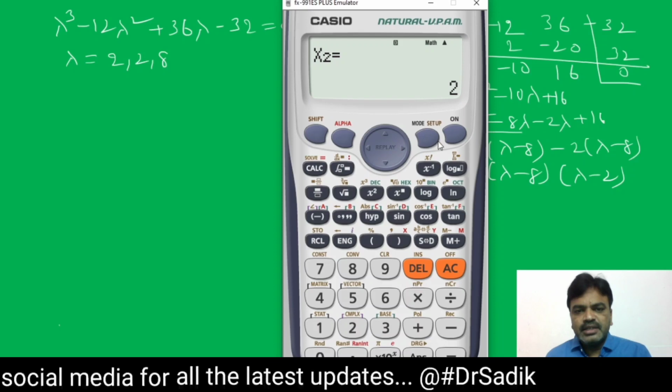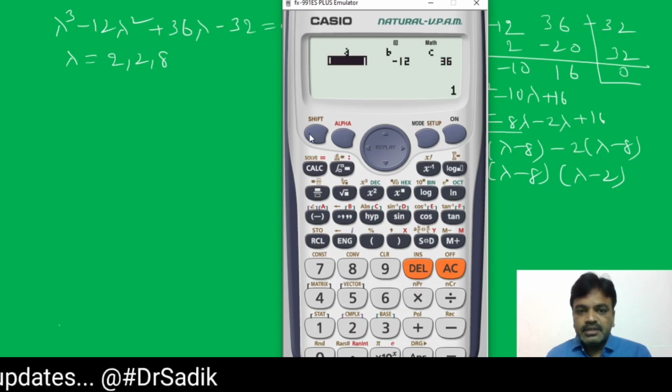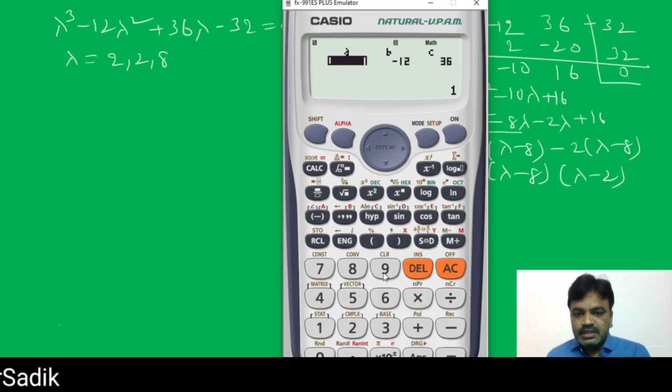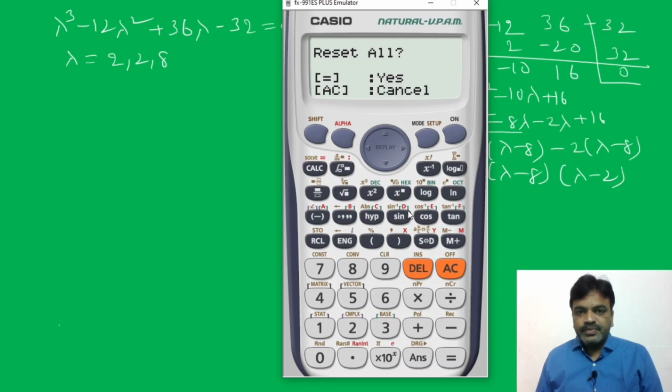Now we can clear here, friends. If I press again, again it shows, friends. Then shift, okay, then press 9 here because it is clear here. So press 9. What is S? All. So press 3. Then is equal to, and then reset to AC.